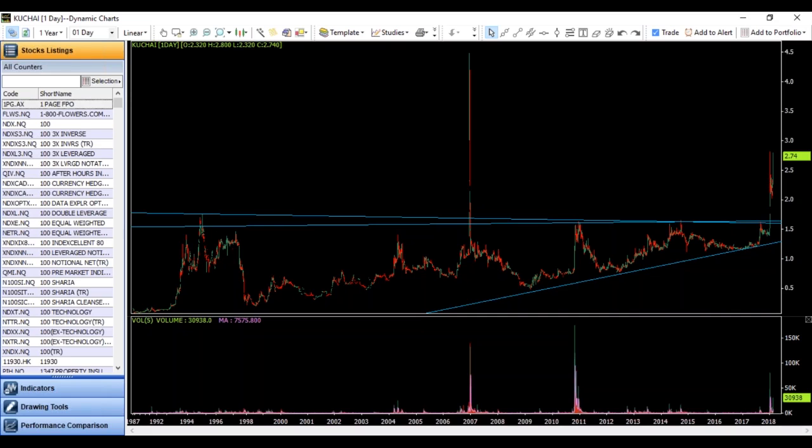So that's the possible target of Kuchai, but it might take some time, it might take a few months, but the upside is still very much strong.